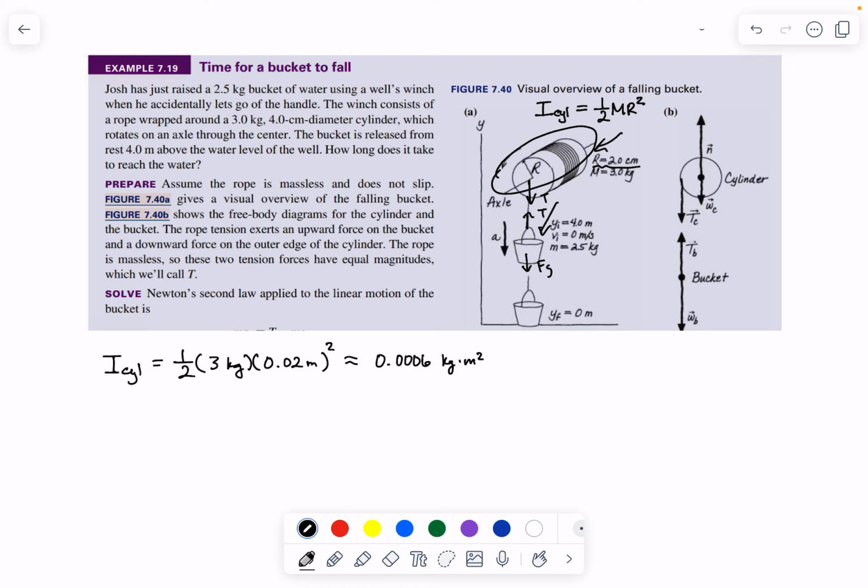If you take a rotational quantity, something like rotational acceleration, and you multiply by the radius, you will get the linear counterpart of that quantity.